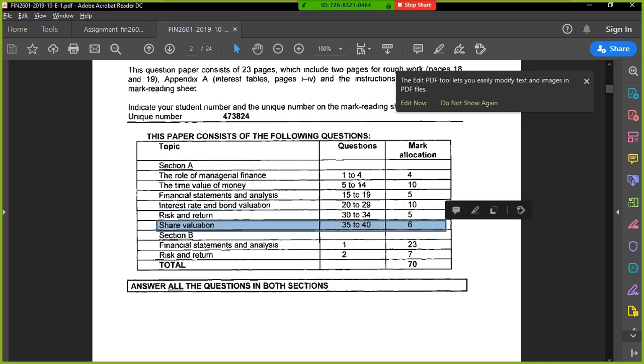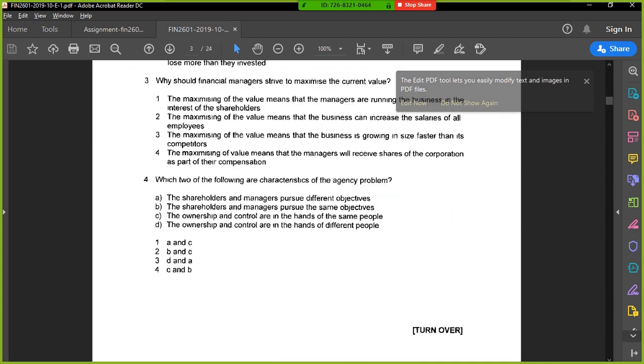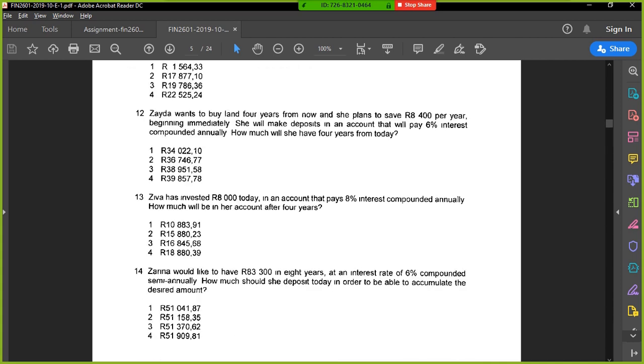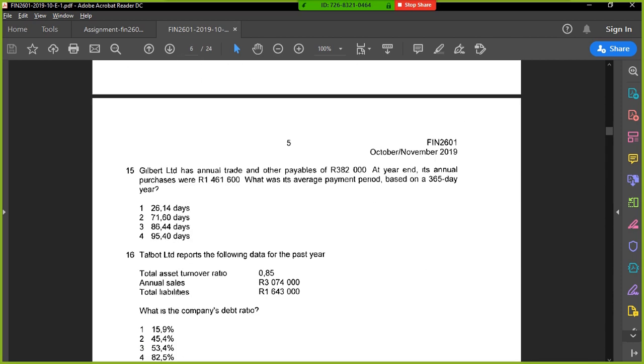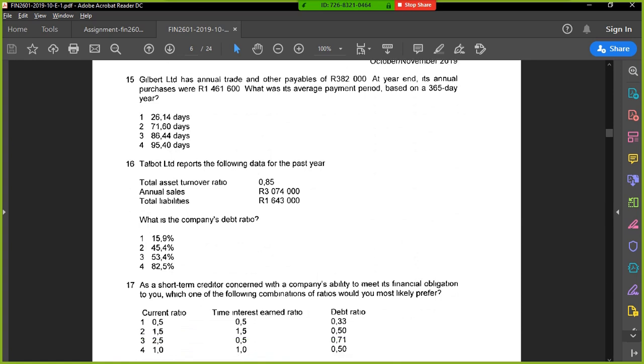This one, calculator work. This one, calculator work. Financial statements, calculator work, but not financial calculator work. Normal arithmetic on your scientific calculator. That type of calculator work. And then time value of money is obviously calculator work. Yes, and that's what I'm saying, those are the nice questions.